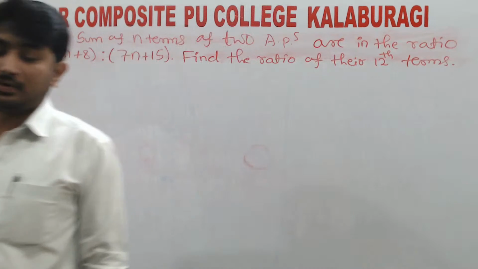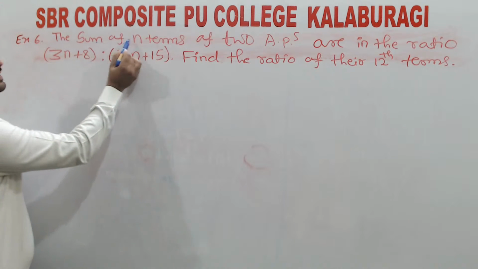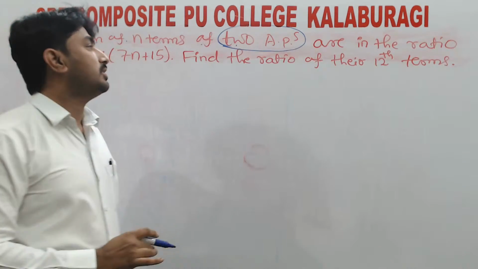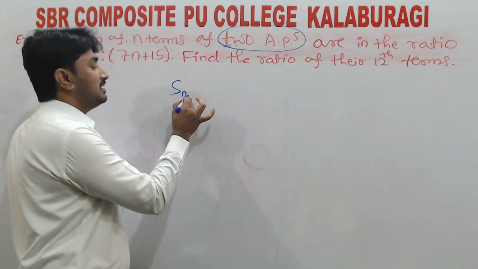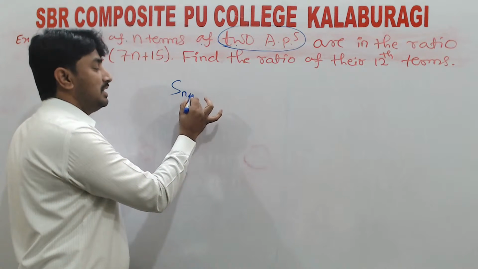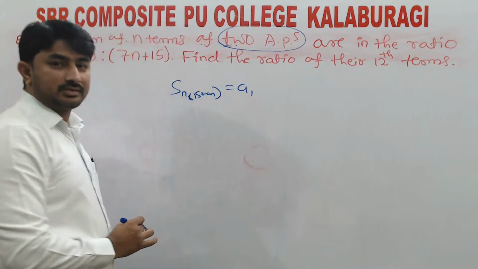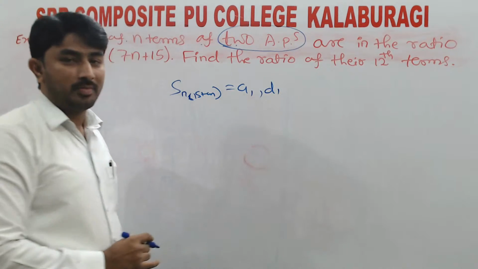Before going to this solution, I will explain the sum terms. See here, the sum of n terms of two arithmetic progressions. Here they are given two arithmetic progressions. The first arithmetic progression is Sn1, where A1 is the first term and D1 is the common difference.